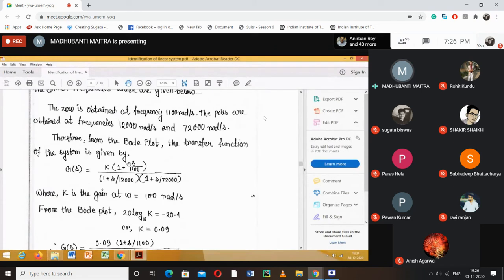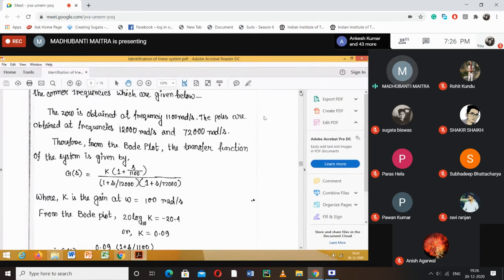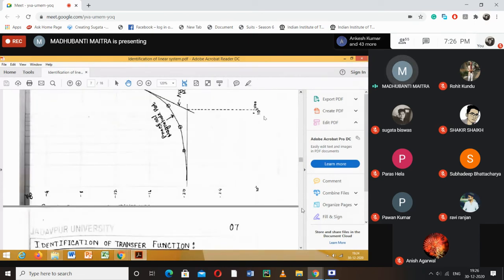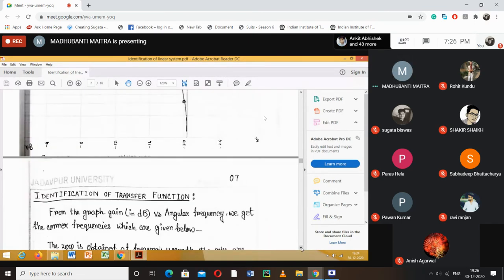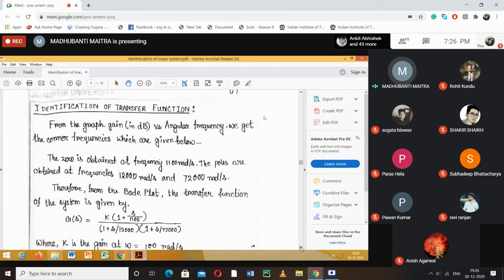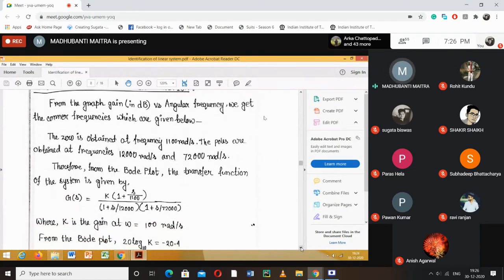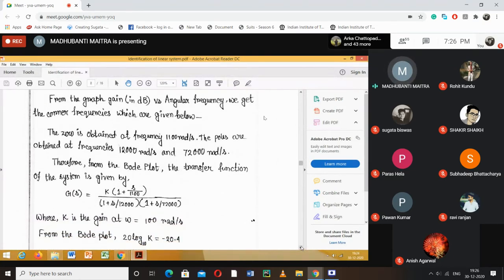This is the transfer function that we can find out from this magnitude frequency plot. If you perform this experiment in laboratory, you'll find that it will take only 45 minutes to 1 hour, not more than that.